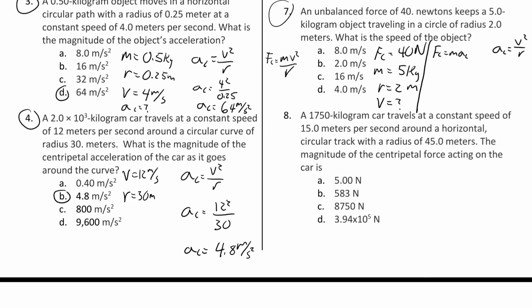So the force is 40, the mass is 5, the acceleration is actually what we're looking for first. So the acceleration is going to be 8 meters per second squared. And now we could plug that in to this equation. So the acceleration is 8, the velocity is what we're looking for, and the radius is 2.